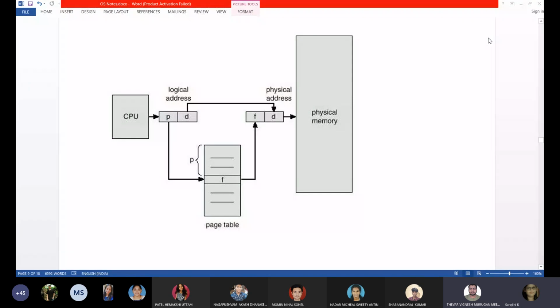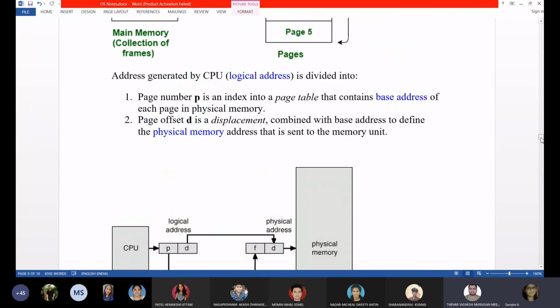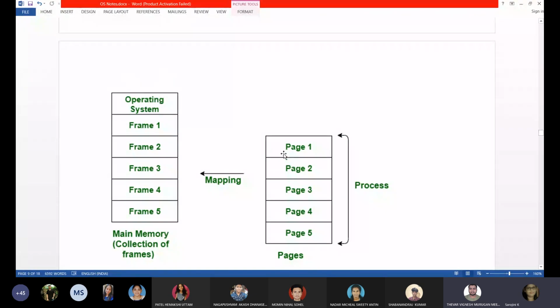Here, the entire main memory will be split into different partitions, and the secondary memory, which is virtual memory, will also be split into different partitions. But all the partitions are fixed in size. All the partitions are the same size in paging.